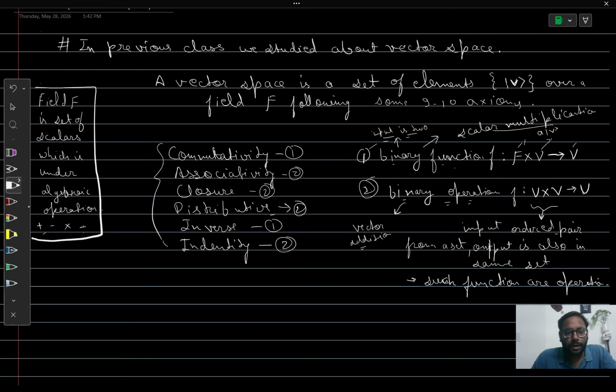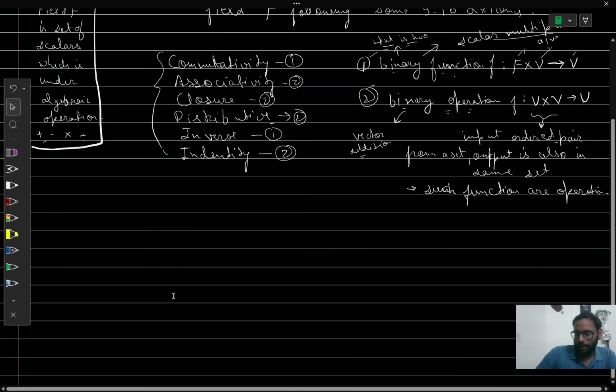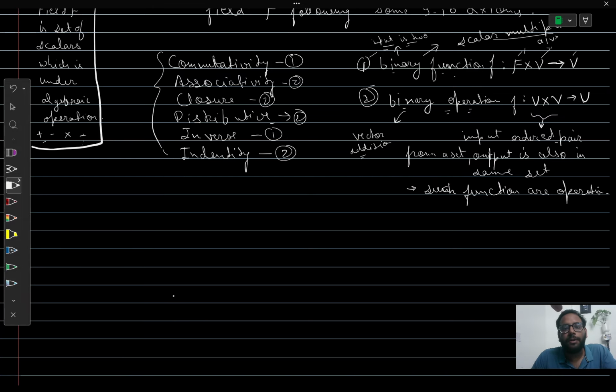So what are these? I will talk about why we don't include others, like why there is only one commutativity and one inverse.